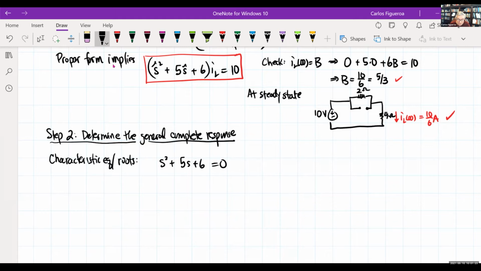Now, I think these roots are easy. They should be 3 and 2. This implies here that I can write this like this. So the solutions here, S1 and S2, have to be -2, -3. The fact that these are real and distinct tells you that it's overdamped.